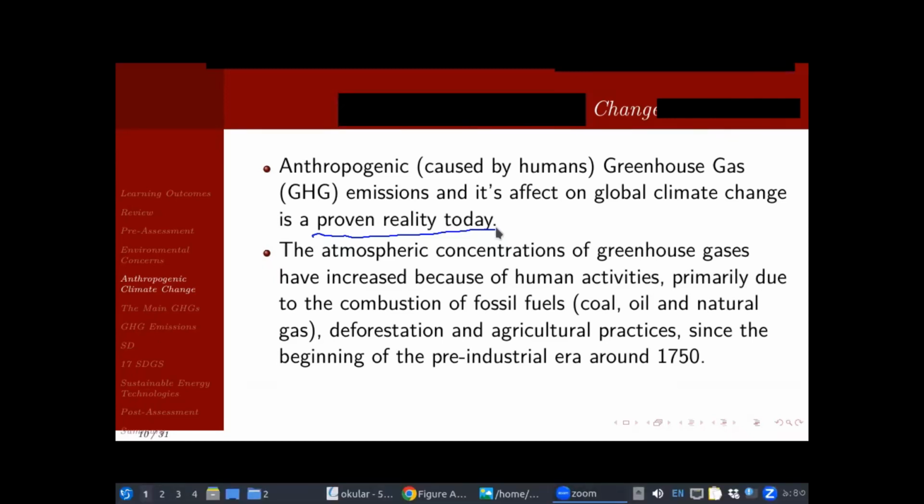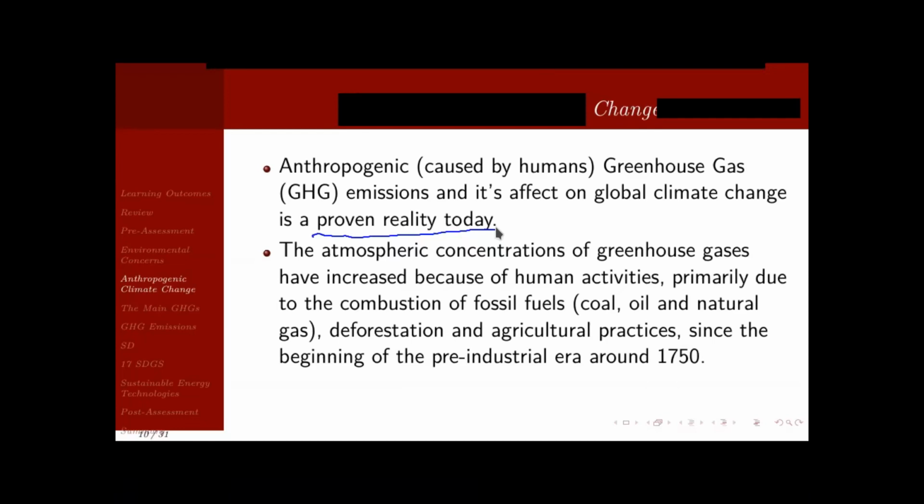Yes, Sumaya. If we see the chart of the last 50 years of our environment, we can see the heat has increased. In October, November there would be winter, but now it's heat. So if you see the environmental chart that has changed, it's a proven reality.